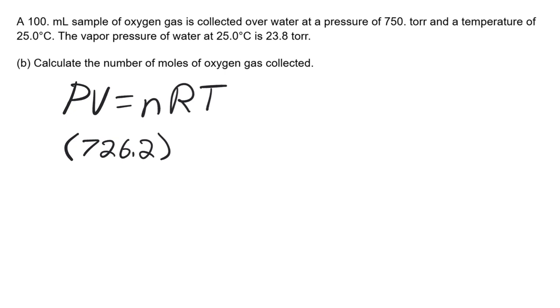The volume of the gas needs to be in liters because R is going to be in liters. So I'm just going to divide 100 milliliters by 1,000, and that is 0.100 liters.